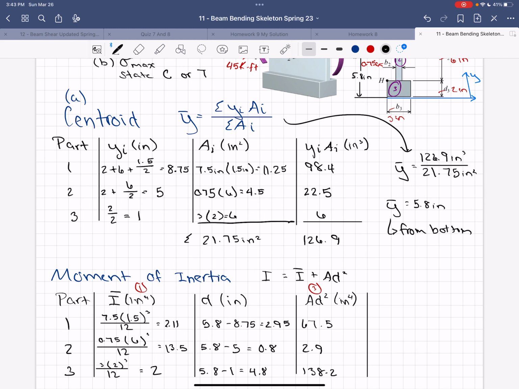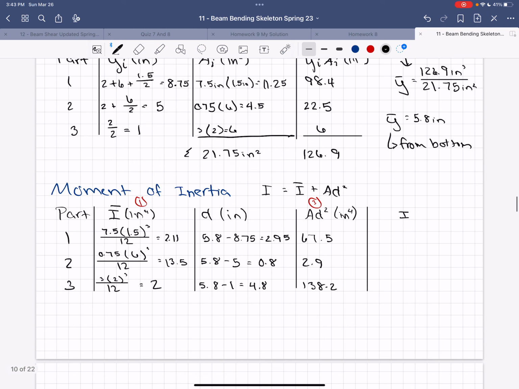So we get Iz is the sum of all of those. So we get 2.11 plus 67.5 equals 69.6.